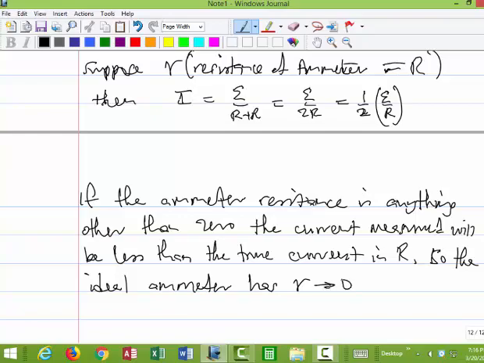So r is approaching 0, or r is equal to 0, for an ideal ammeter. Then the current measured is just the current through R, the element we are interested in. The ammeter itself does not have any potential drop across it because the internal resistance is 0.